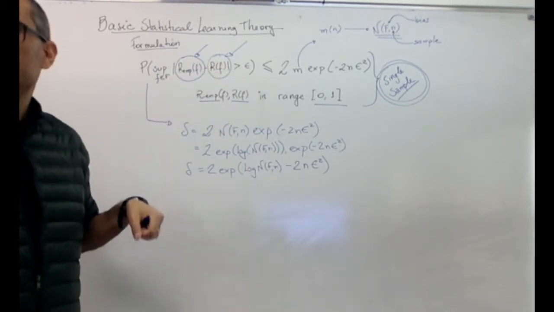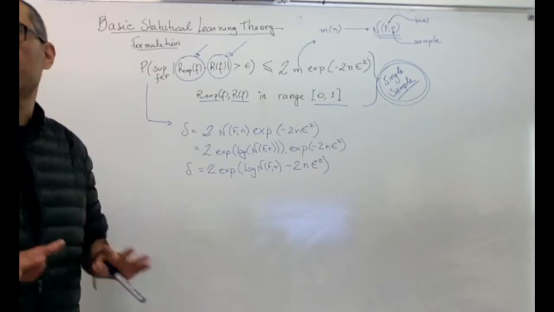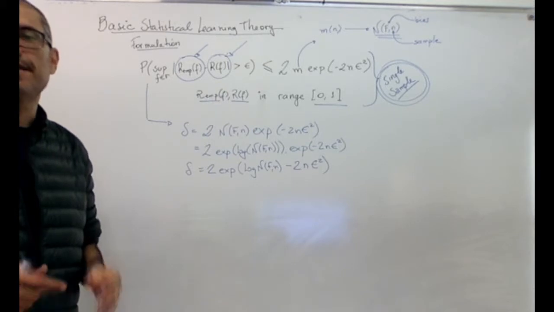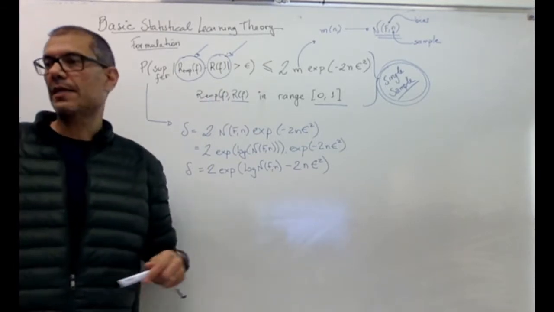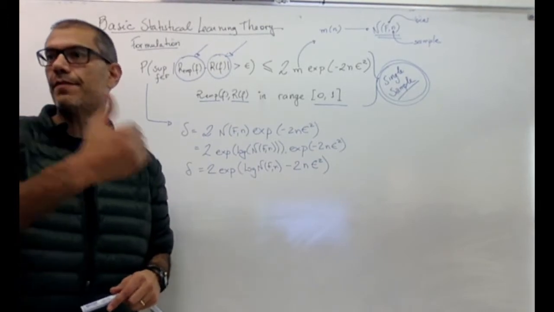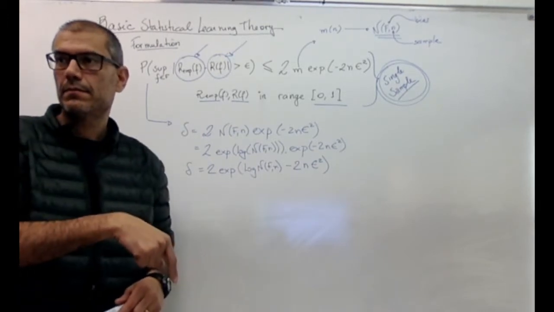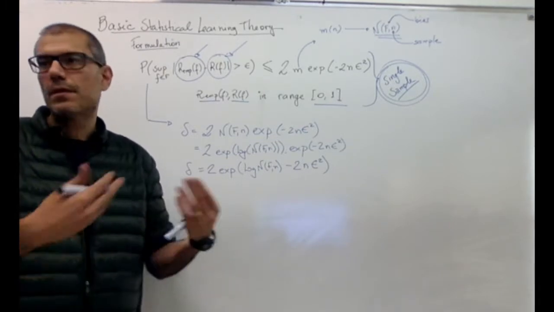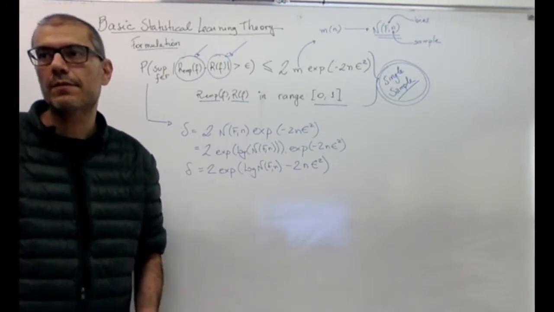That's probably the most important conclusion of statistical learning theory. We could talk a lot about it, but at the end of the day, the most important thing is this last step, because all the previous steps were just to justify this one.